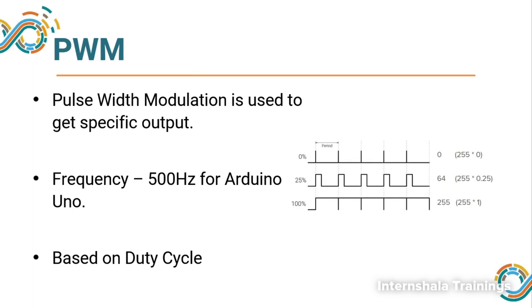If I say I have 0% duty cycle, that means my output wave is never high, or it is high only for a very small amount of time. That means effectively we will not be passing any power through that output waveform. If the duty cycle is 100%, that means we are giving maximum possible power through that signal. Then we can change the duty cycle to decide how much average power the signal is carrying. So based on the duty cycle, we can decide how much average power we want to transmit.